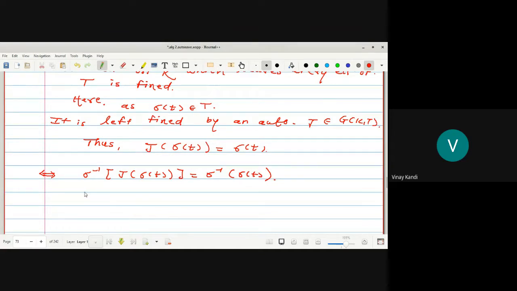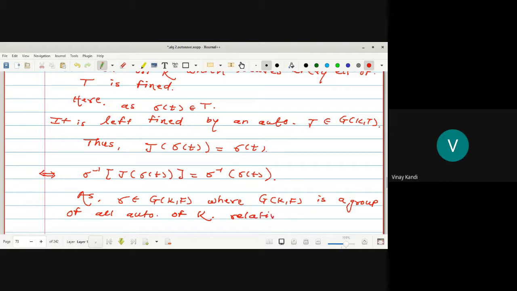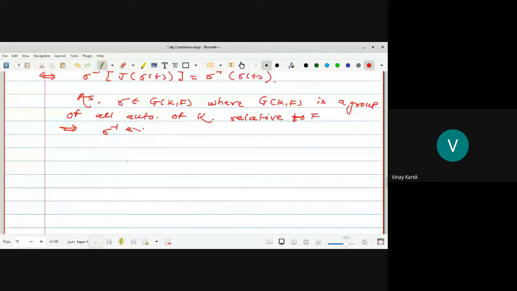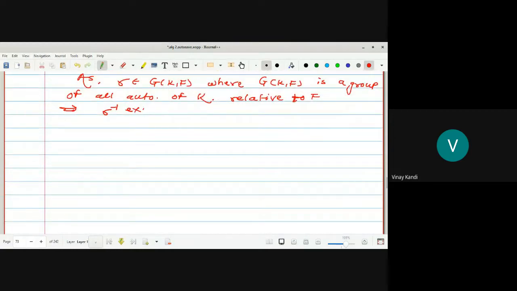As sigma belongs to G(K/F), which is a group of all automorphisms of K relative to F, that means it leaves every element of F fixed, so sigma inverse exists and is a member of G(K/F).